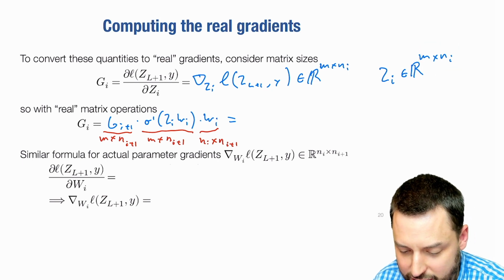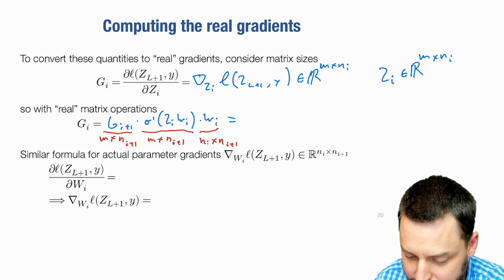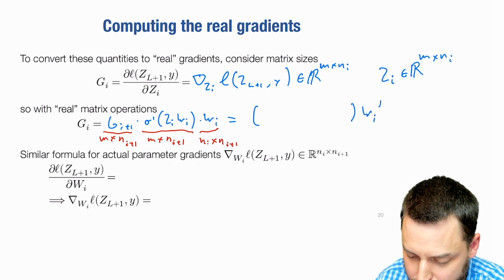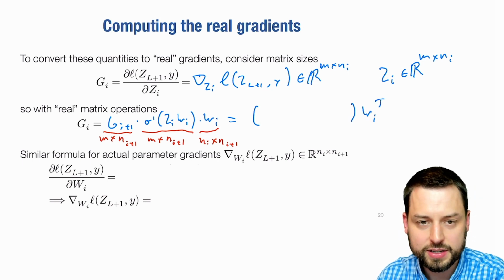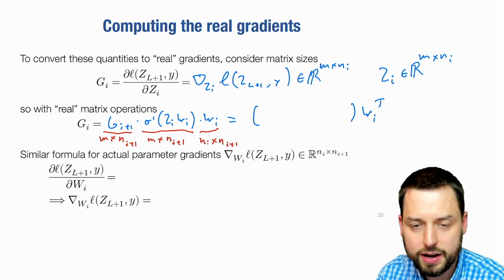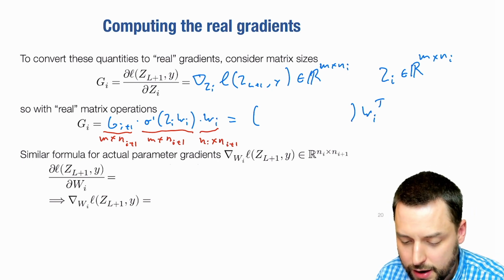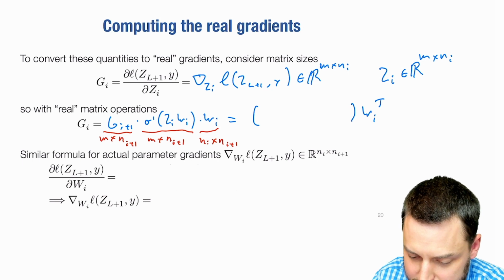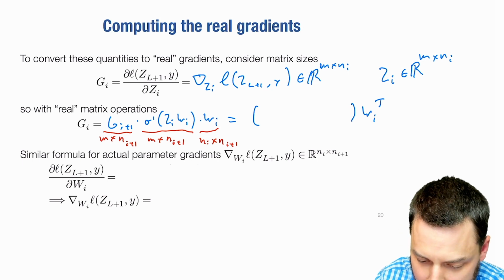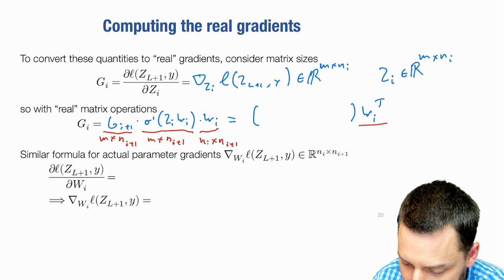The only way we can get an n_i term at the end is if we have something times W_i transpose. That's the only thing that has an n_i as the last dimension. So this term here would be n_{i+1} by n_i.